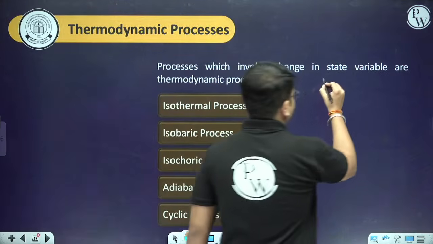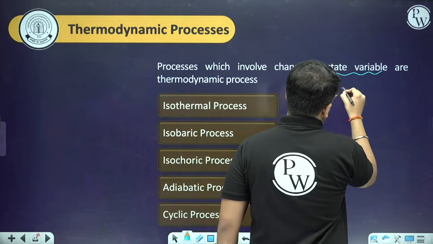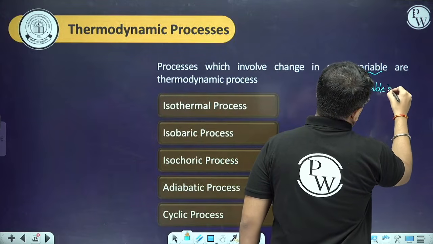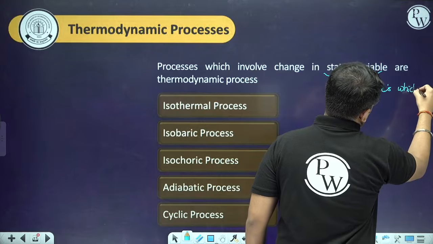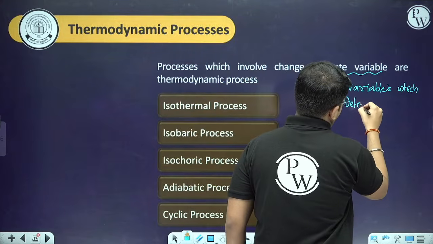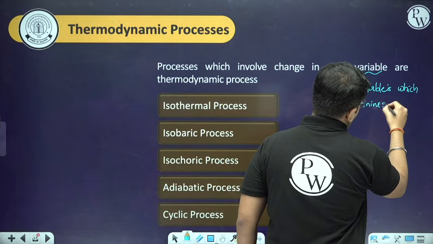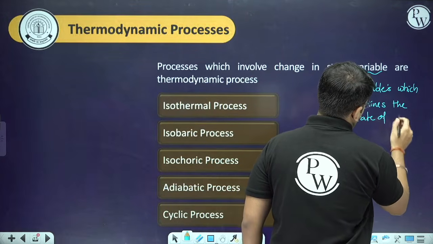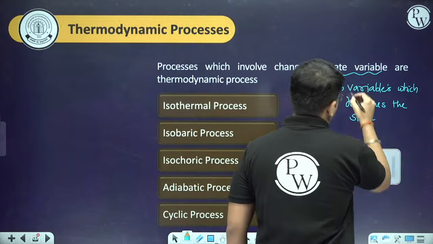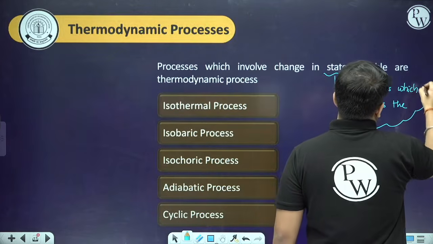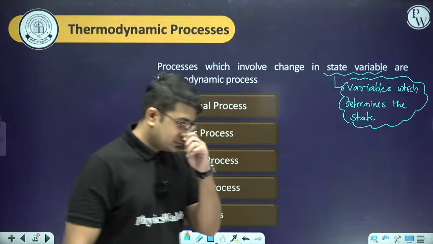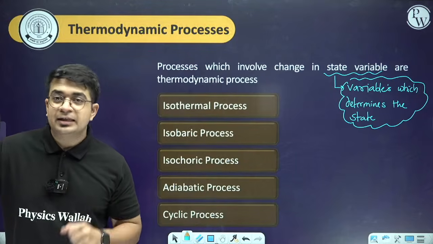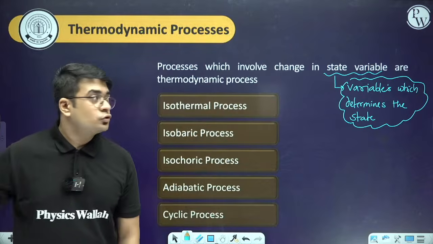Now you know the state variables, basically those variables which determine the state of a particular system. So basically variables which are going to determine the state whatever we have taken initially correspond to your state variables.